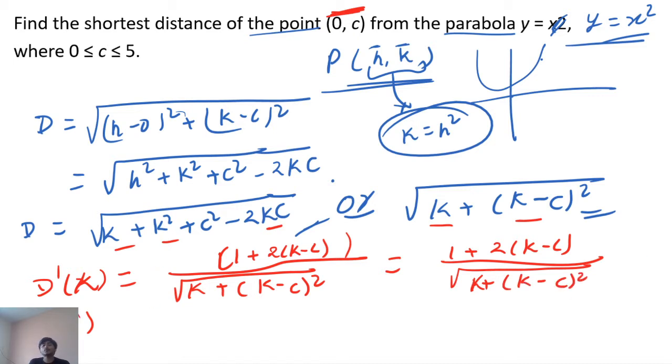Now according to our rule, what should be the condition? We should put d dash of k equal to 0, right? Once we put d dash of k equal to 0, what do we need to find? We need to find the value of k.